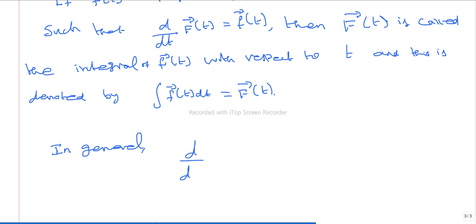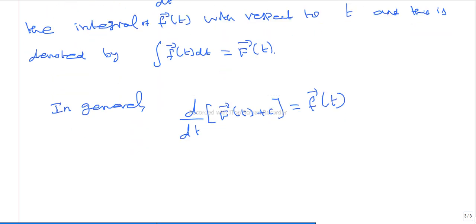If you know the derivative of capital F is small f, and you add a constant, still F of t plus c is also the integral of f. Therefore, in this case, we denote the integral of f of t dt as F of t plus the integrating constant. That's why we say we are adding some constant.